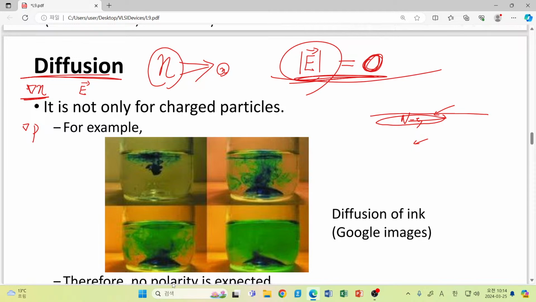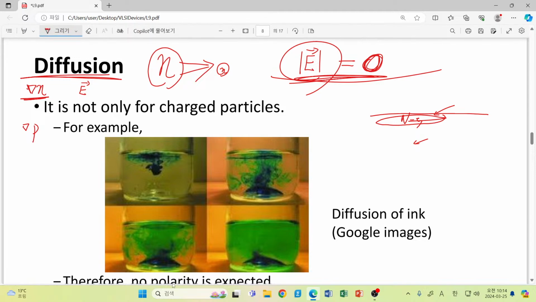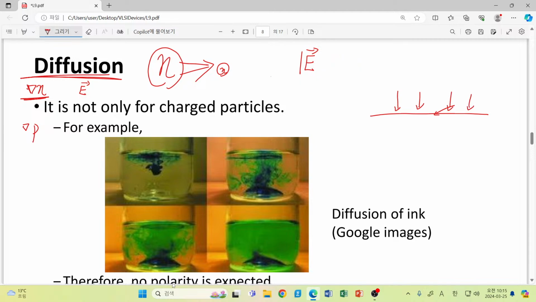However, there is also another way to make non-uniformity in the electron density. What is it? Another one is just to shed light. Photons are coming.